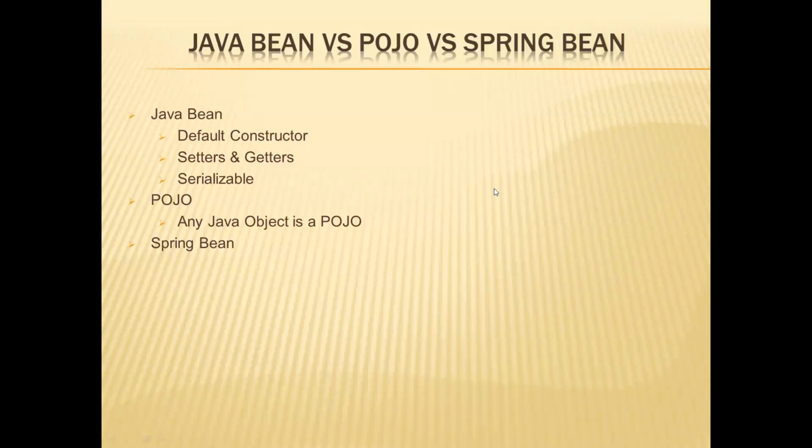But whereas with a Java Bean or POJO, you are creating the objects and managing the dependencies. When I say Spring Bean, any normal Java class, whether it is a Java bean or a POJO class, is initialized by your container. Just now we discussed, right?